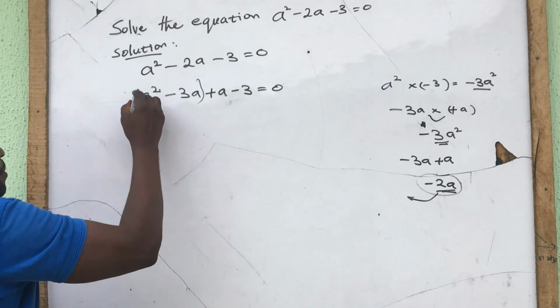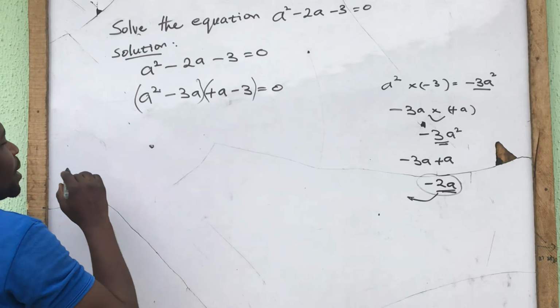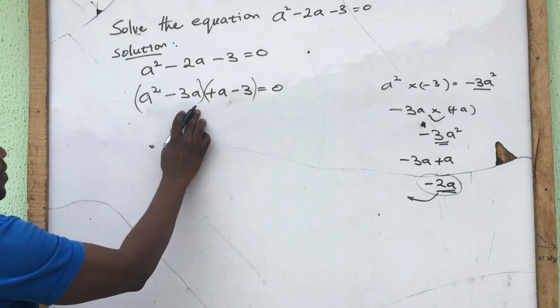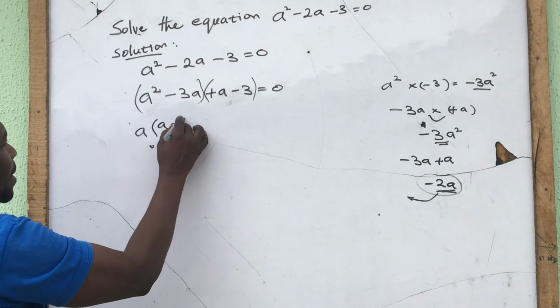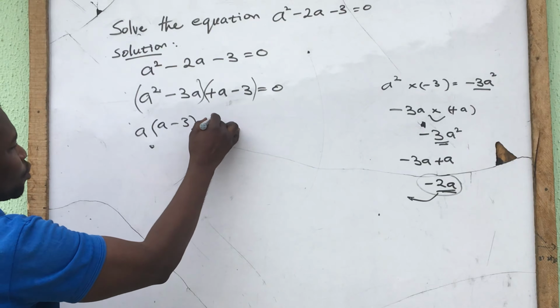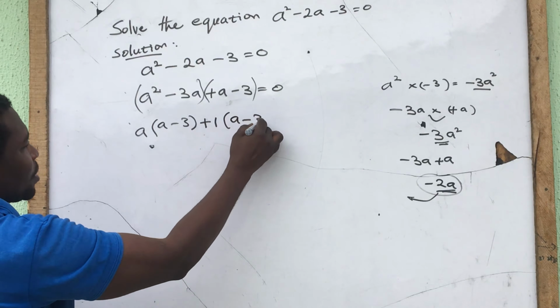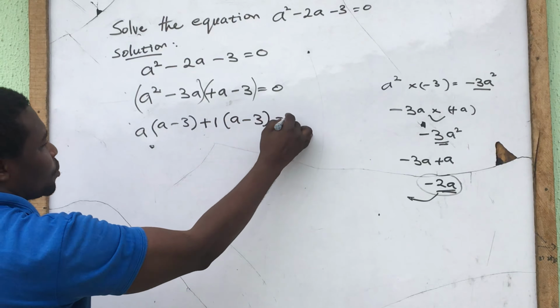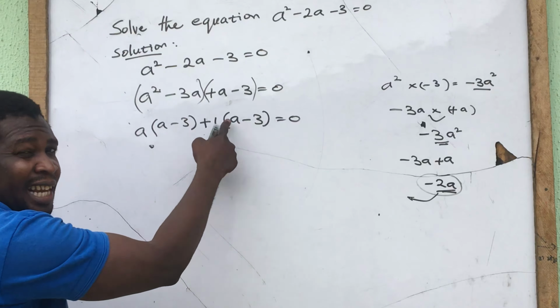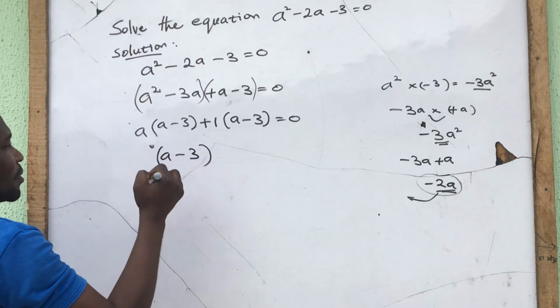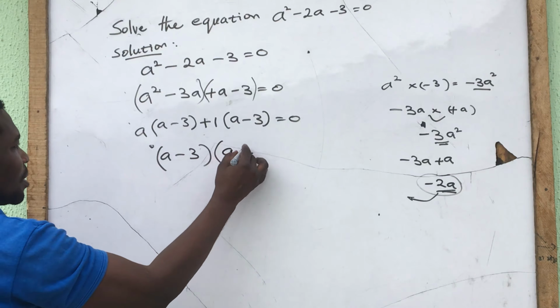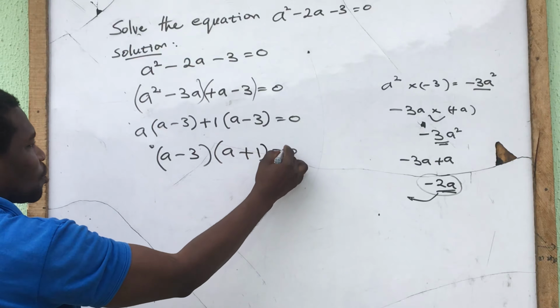Now I want to group them together: a into a minus 3 plus 1 into a minus 3 equals 0. If you look at it very well now, a minus 3 is the common factor here. So that means a minus 3 times a plus 1 equals 0.